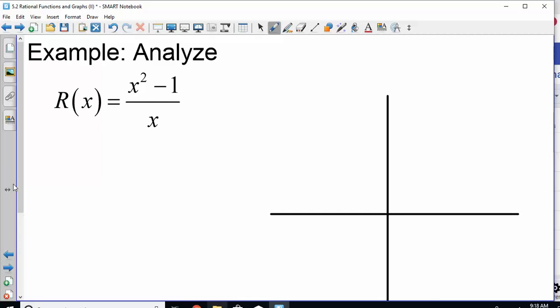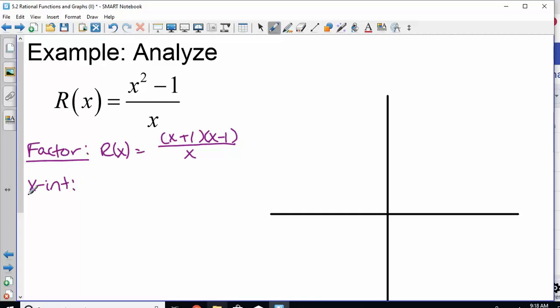First step, factor. What would you do to the top? Plus 1, x minus 1. Bottom is just an x, so we can't do anything. Can you just look at it and tell me the x-intercepts? Just the things that make the top of the fraction 0.